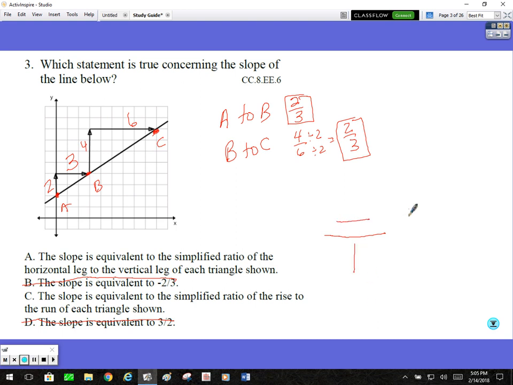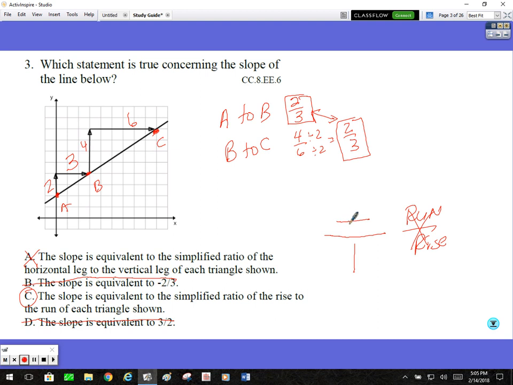Well, this is run and this is rise, which is not the definition for slope, so it can't be run over rise, so it can't be that one. So the simplified ratio of rise to run, that's the one we're looking for. When we reduce this one, we have a simplified ratio that both of them are the same, which makes these two triangles similar.